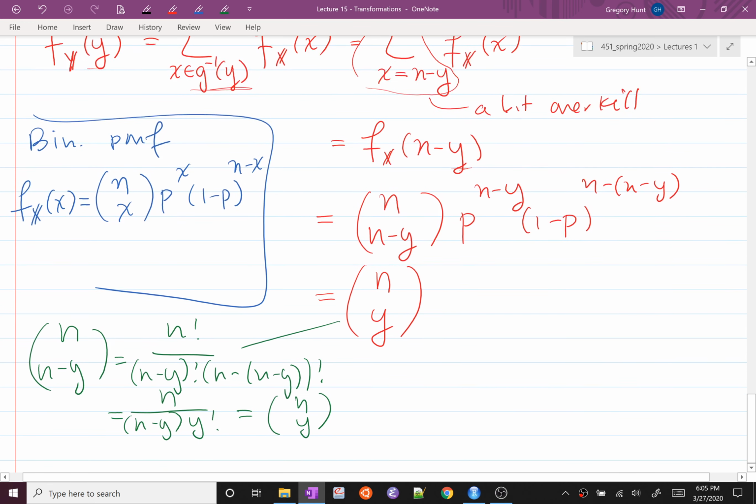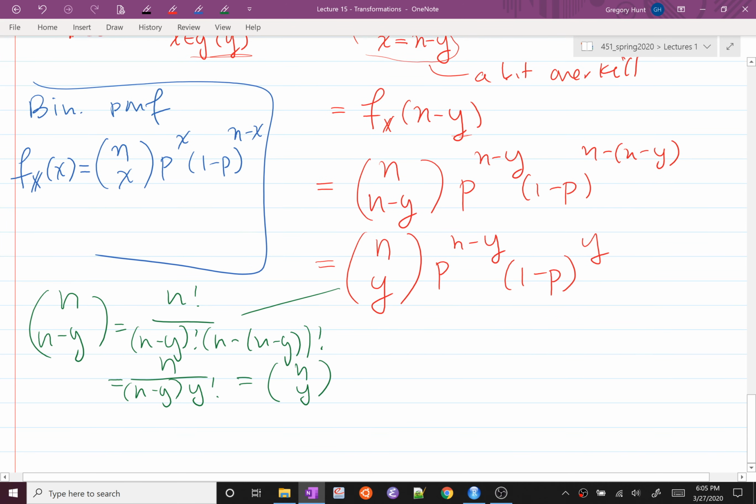And this is still p to the n minus y, and we get 1 minus p to the y.